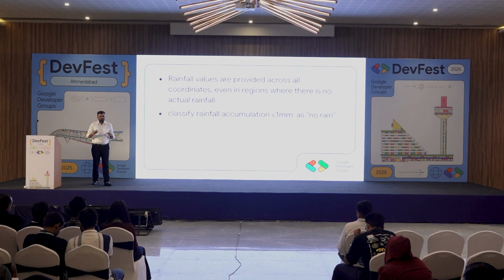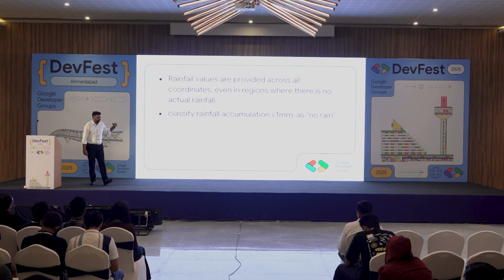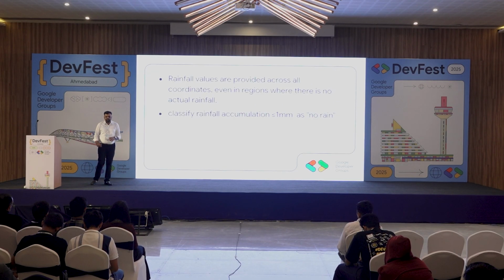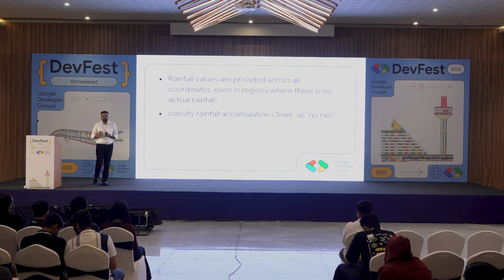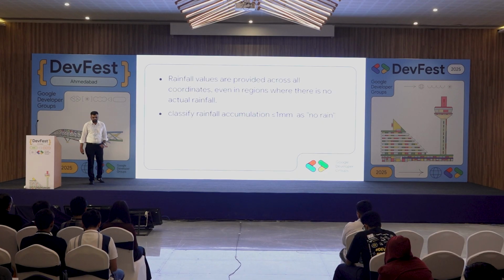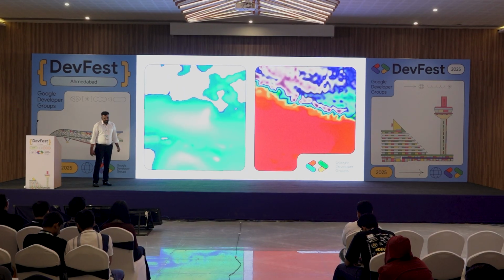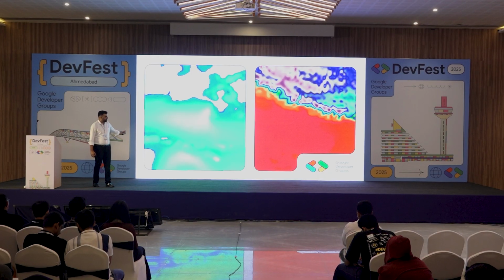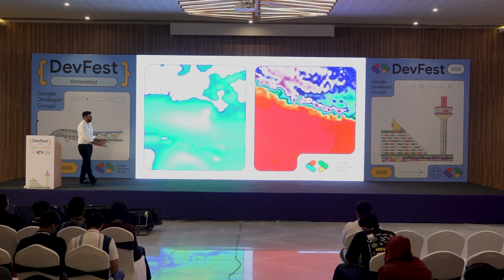So to avoid visual clutter in our final result, we remove precipitation values which are less than 1 millimeter. This is the sample for rain precipitation as well as temperature for one particular region.